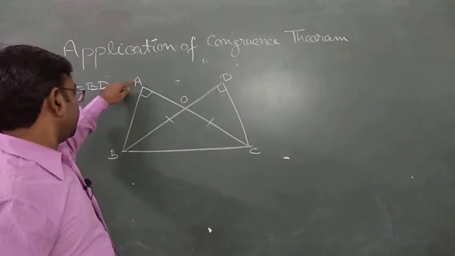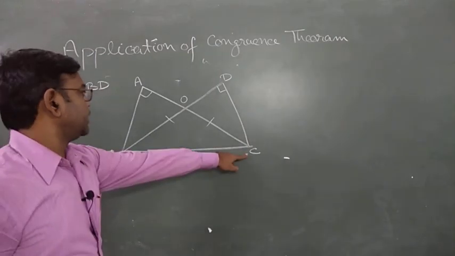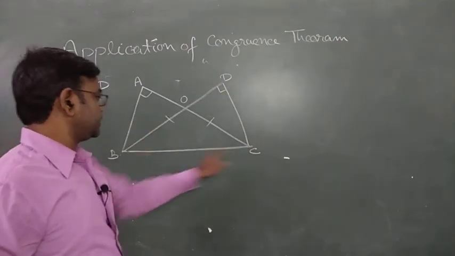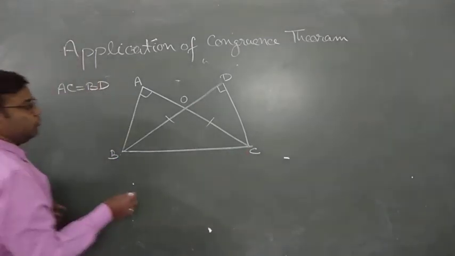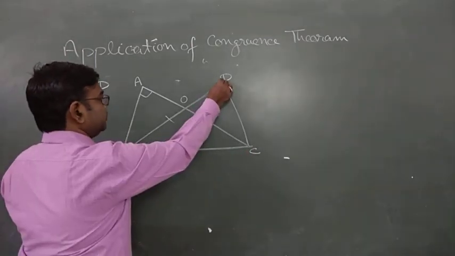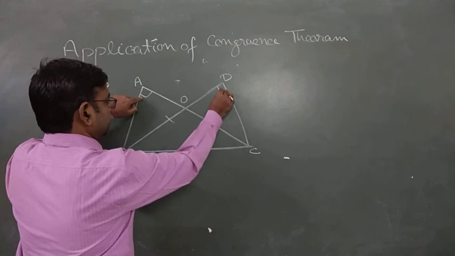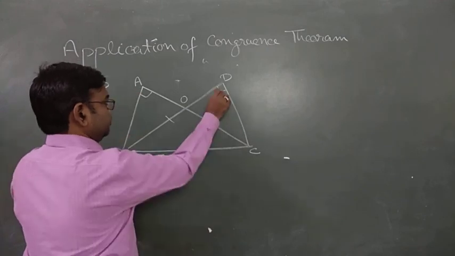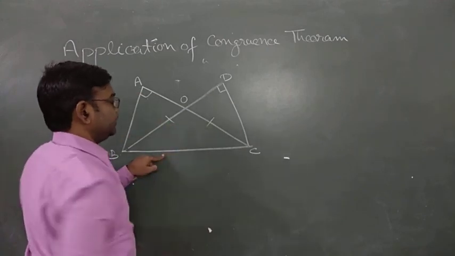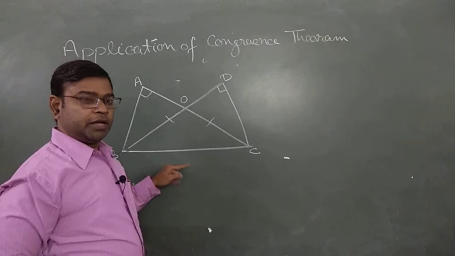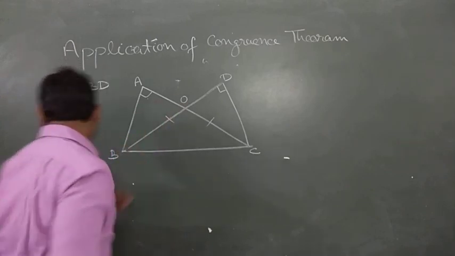In triangle ABC and triangle DBC, we know that this side equals this side. Angles are equal, and the hypotenuse opposite to the right angle is common. So by RHS we can easily prove these two triangles are congruent.